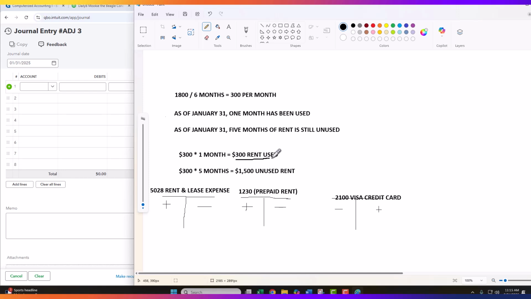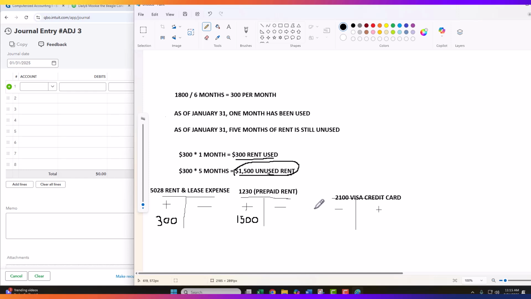What we see here from the calculations is that at the end of the period we determine that we've used $300 worth, so that's what should be placed into the expense account. So we're going to debit it for $300 there, and then the asset, the prepaid rent, should reflect the unused portion. We determine that to be $1,500, so we're going to place that on the debit side there to add to it.